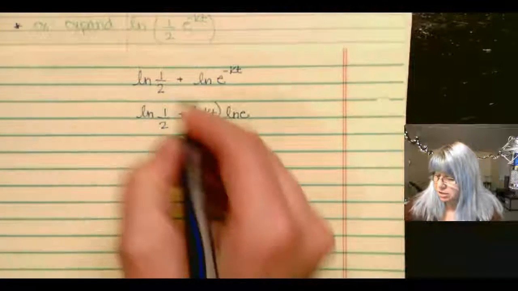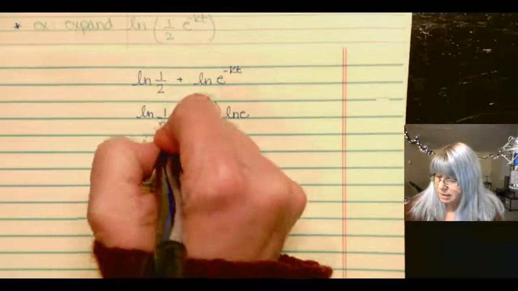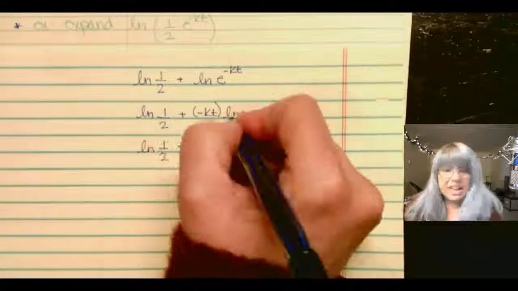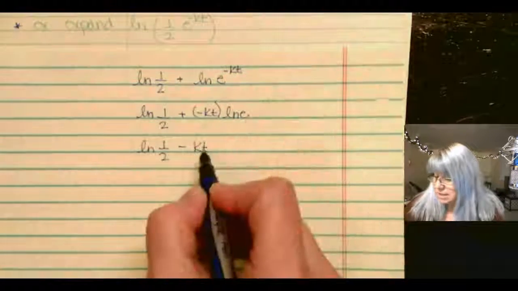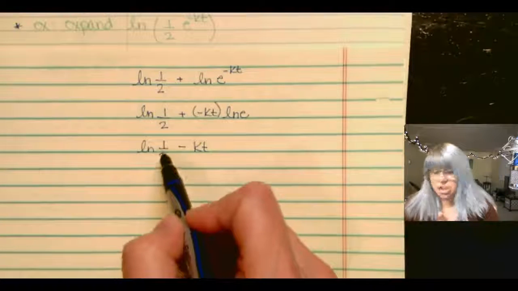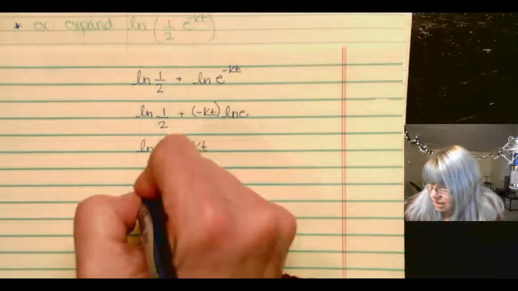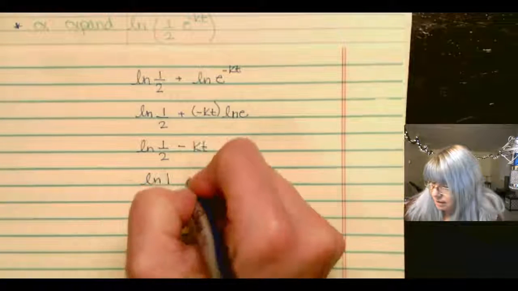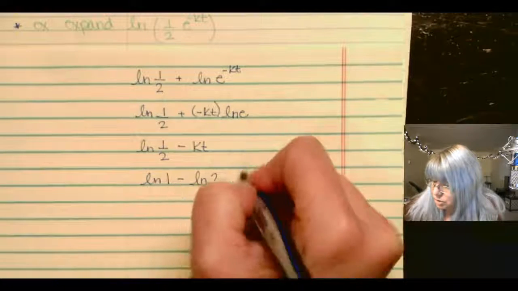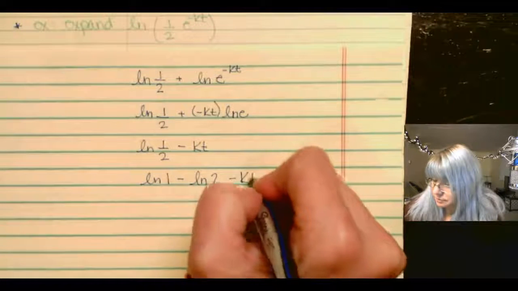I'm just going to simplify that just a wee bit: the ln of 1/2 minus kt, because the ln of e is 1, and 1 times kt is still kt. But I'm not done yet because I have division here. So I have the ln of 1 minus the ln of 2 minus kt.